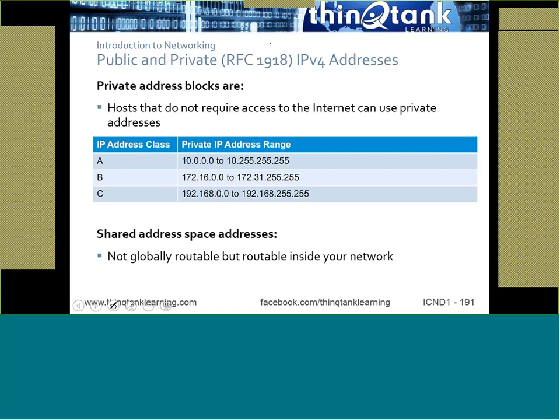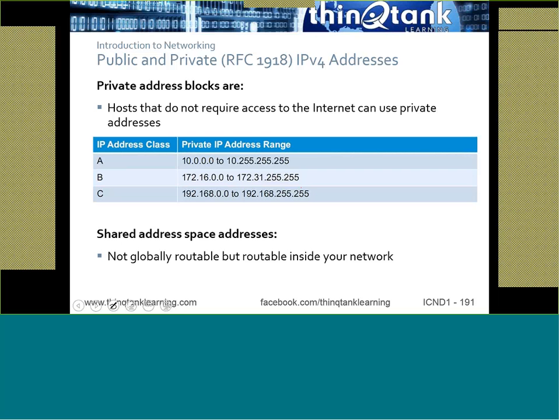Instead of giving everybody public address space for their internal hosts, let's go ahead and set aside some networks that can be used by anybody, but not route them on the internet. That's what we call the private address ranges. The entire 10 network is private. The entire 172.16 to 172.31 network is private, and 192.168 is private in each of the classes.